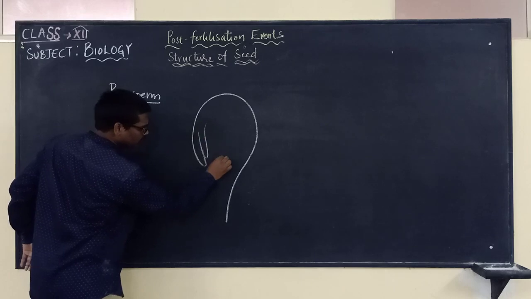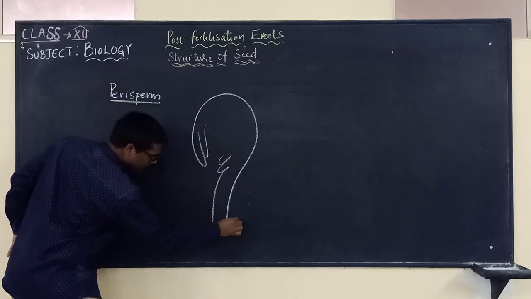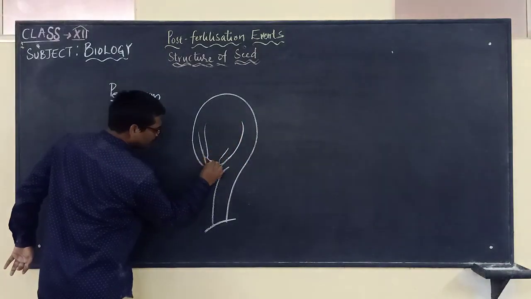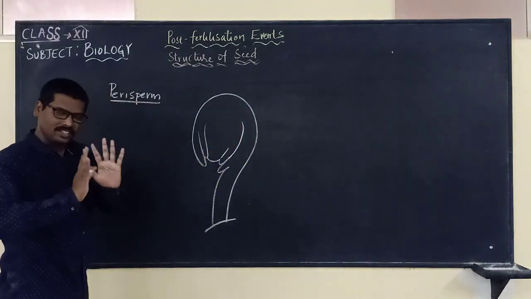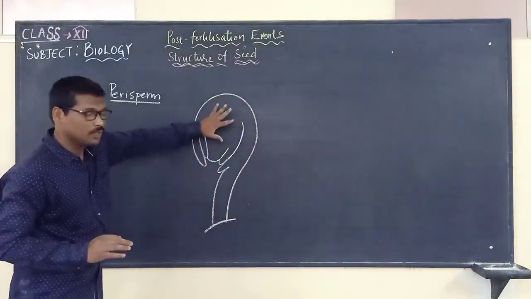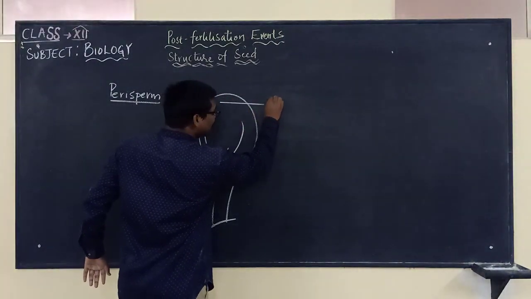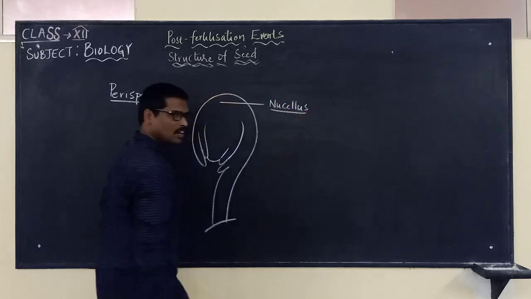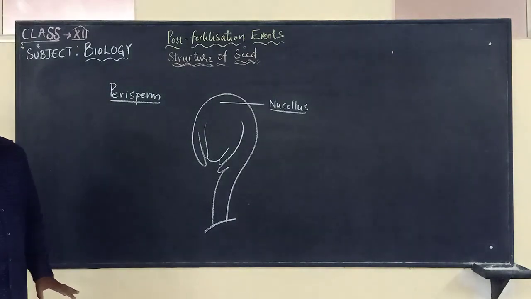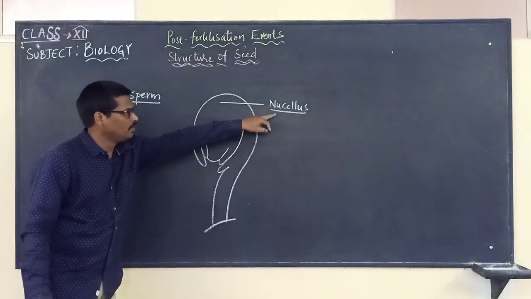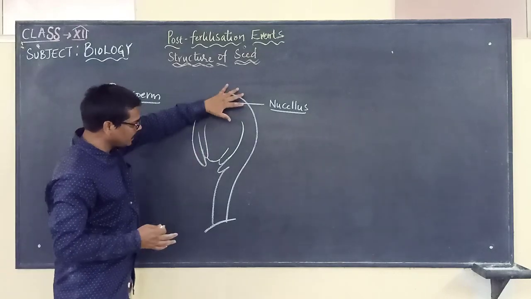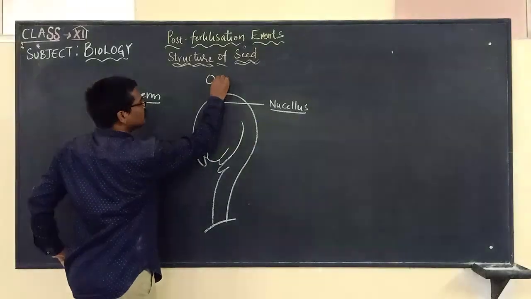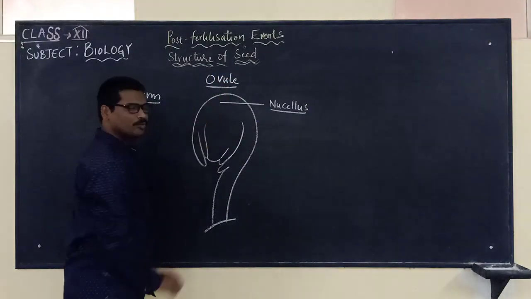The complete structure of the ovule is made up of cells called nucellus. Follow me carefully now. The nucellus cells are used in the formation of this complete structure, the ovule.